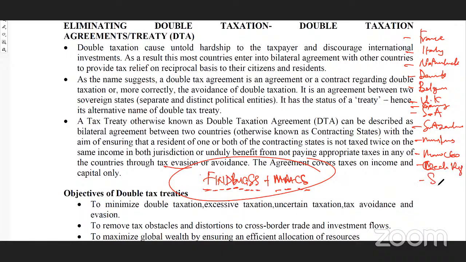And then Singapore. Are we okay? And these are all full DTAs.